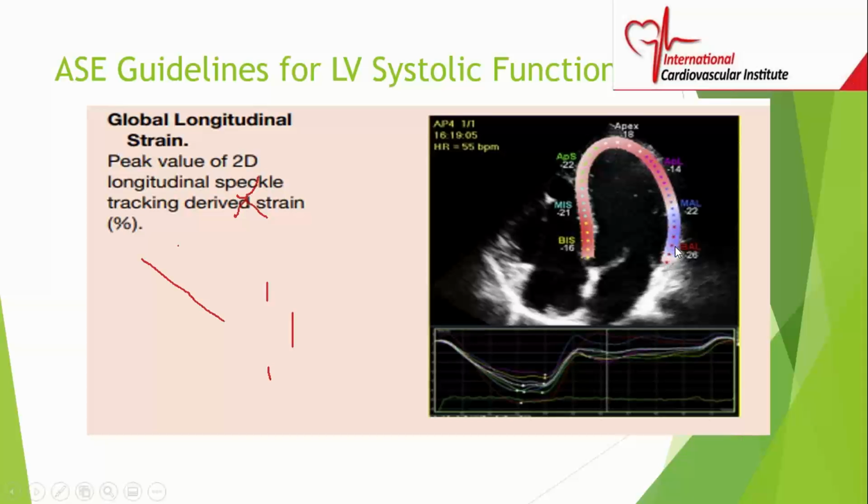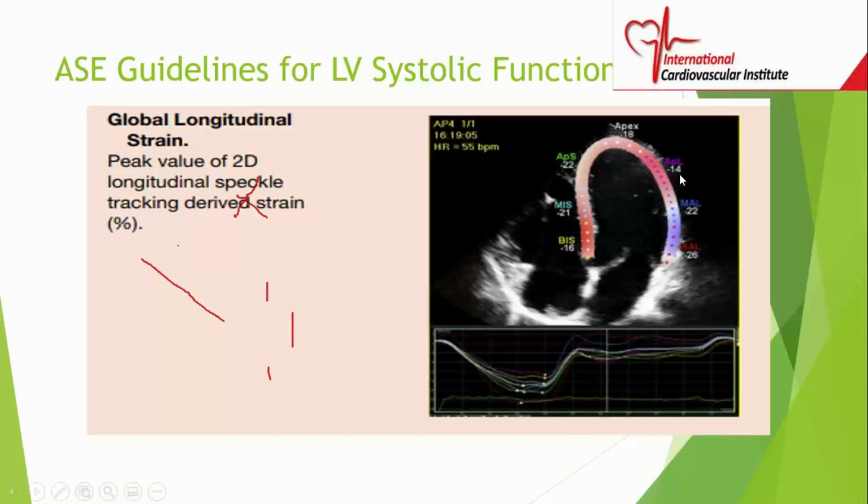So we would give each segment a strain value, basically seeing if each segment shortens to the extent that it should. And the percent shortening should be roughly about 20%. But because of the formula, it's going to be a negative number. So a normal strain should be roughly about negative 20.